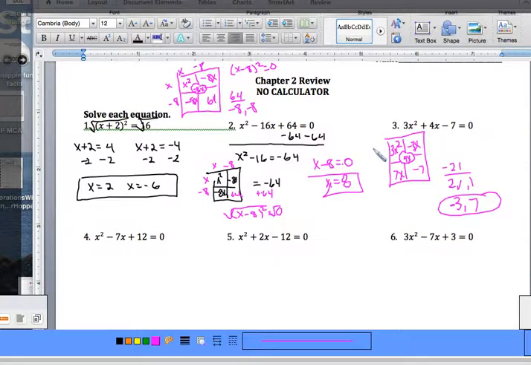So 3 goes into this first row, so 3x and x minus 1, plus 7, and negative 1 times 7 is negative 7. So it factors into 3x plus 7 and x minus 1 equals 0. We'll set each one equal to 0 and solve. So this one's easy, x equals 1. Let's see, subtract the 7 and divide by 3.